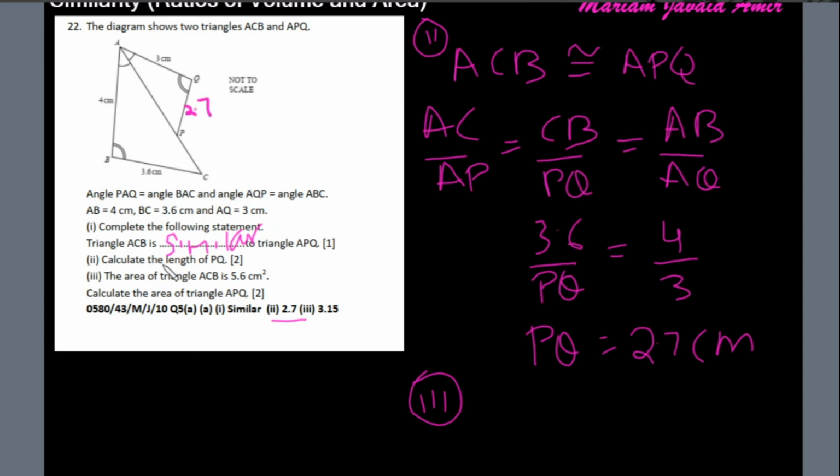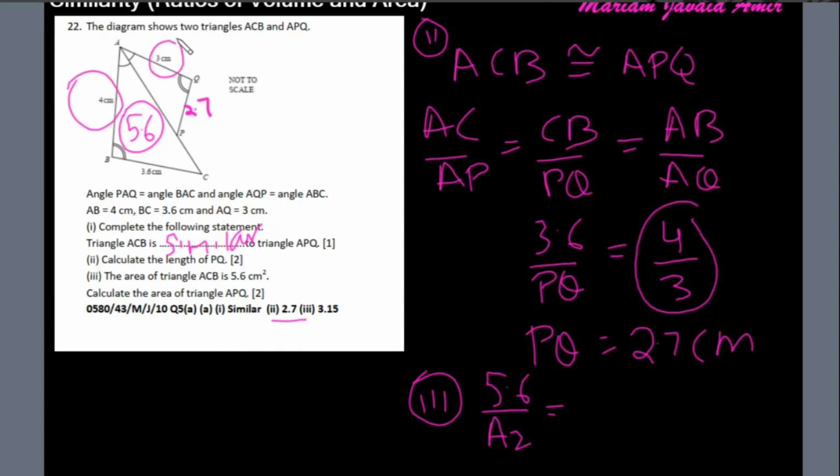Okay. Area of triangle ACB is 5.6 centimeters square. Find the area of triangle APQ. So I'm going to use A1 over A2 equals L1 over L2 whole square. Let's use this ratio: 4 corresponds to this 3. So 4 over 3 whole square.